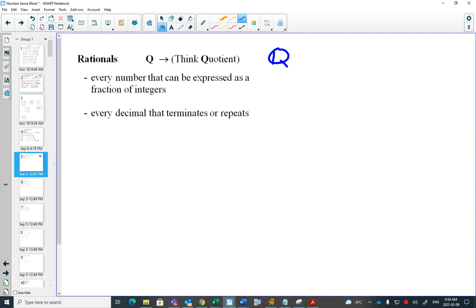And it includes every decimal that stops and every decimal that repeats, which is super cool. Like I said, I like math. I'm already getting excited about repeating decimals. I'll show you in a second, okay?